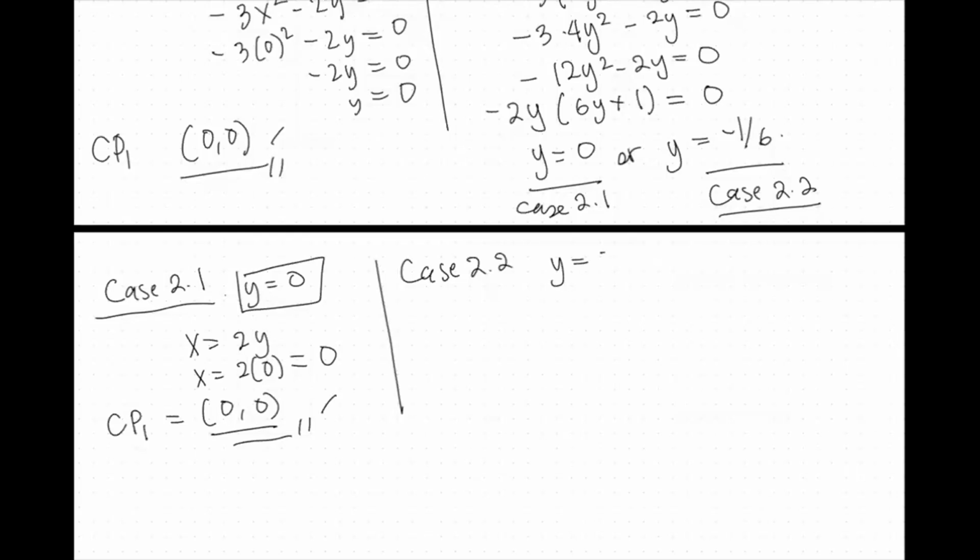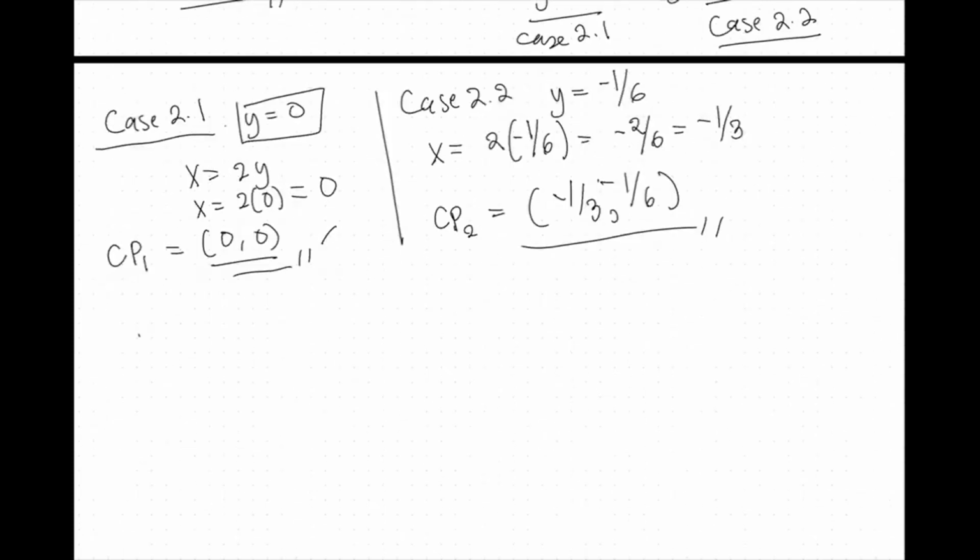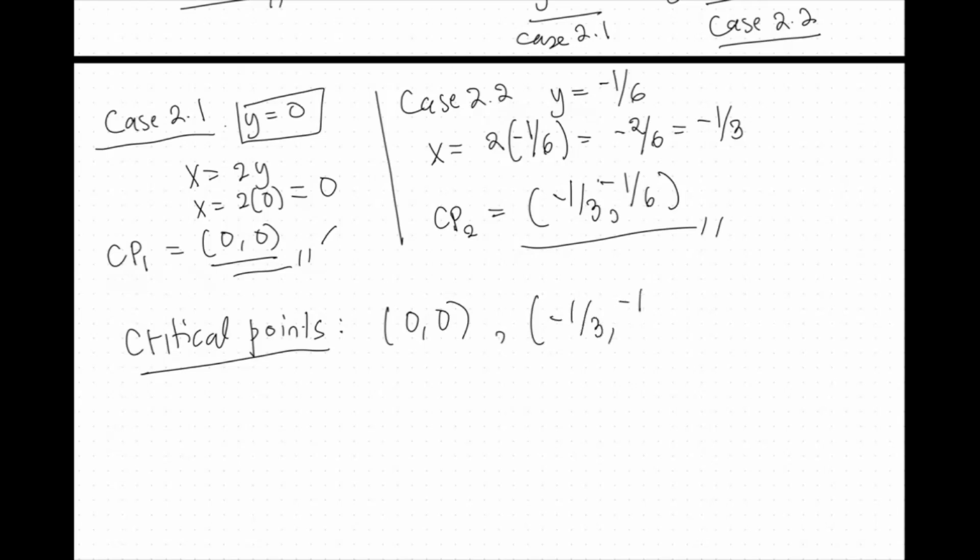When y is equal to negative 1 over 6, x is equal to 2 times negative 1 over 6, we get negative 2 over 6 or negative 1 over 3. So we get CP2 given by x is negative 1/3 and y is negative 1 over 6. Overall, the critical points are those we have collected. The first is (0, 0), and the other one is (negative 1/3, negative 1/6). So here are our critical points.